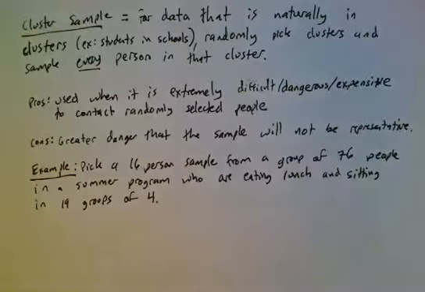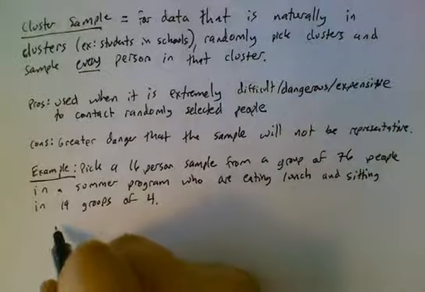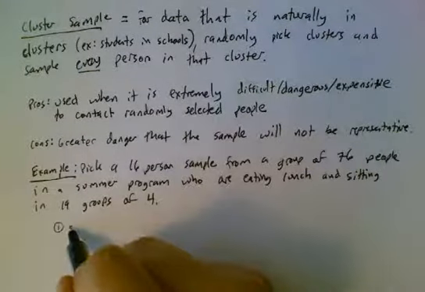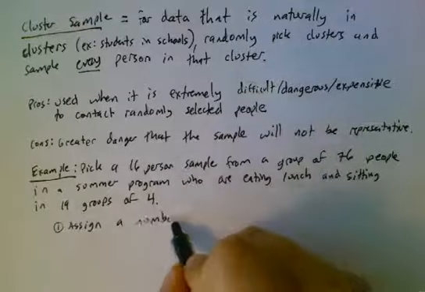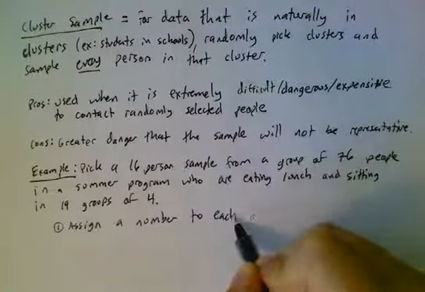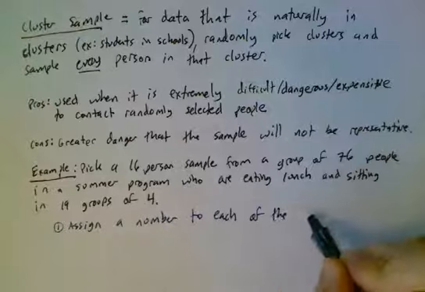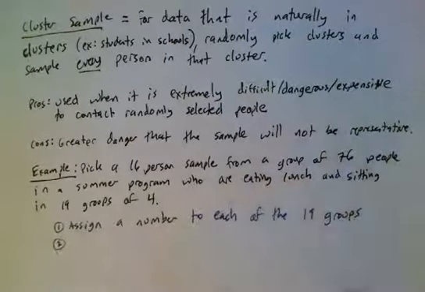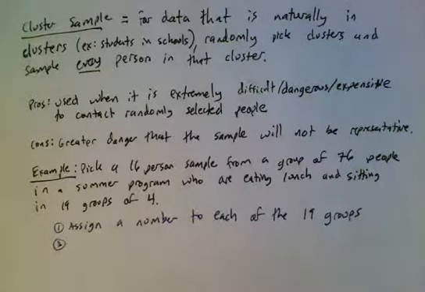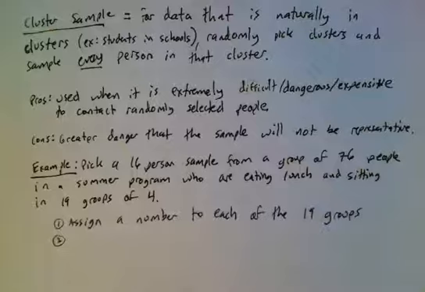So what would happen in this situation is that instead of assigning a number to each person, we would assign a number to each group. Then we'd use a random number table to pick. Let's see, there are 4 people, we need 16, so we would pick 4 tables.